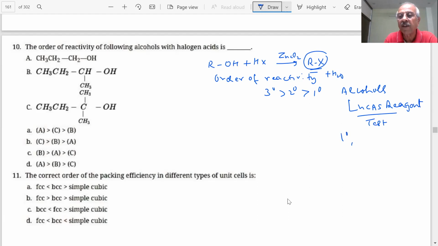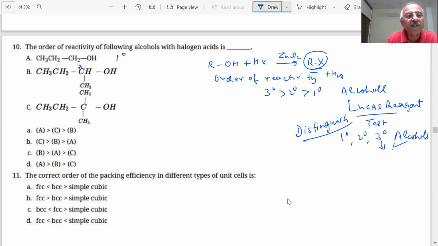To distinguish 1 degree, 2 degree and 3 degree alcohols. 3 degree alcohols will give immediate turbidity when you add concentrated HCl and ZnCl2, because they react very fast. So what will be the order of reactivity in this case? What type of alcohol is this? This and this. A is a 1 degree alcohol.